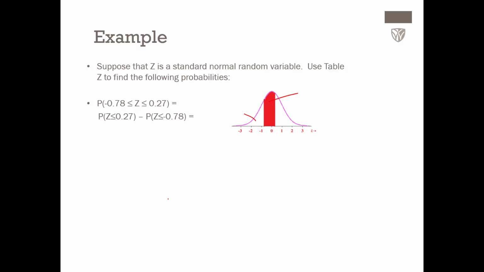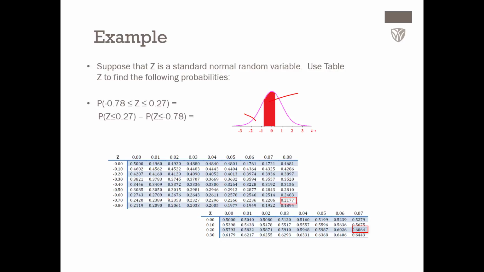And so that's the way we're going to compute these probabilities. If you have a scenario where you need to compute the probability that z is between two values, you find the probability that z is less than or equal to the larger value, subtract off the probability that z is less than or equal to the smaller value. Those two probabilities you can get directly from the table. If we plug those in, then we can get the probability that we need, which is 0.3887.